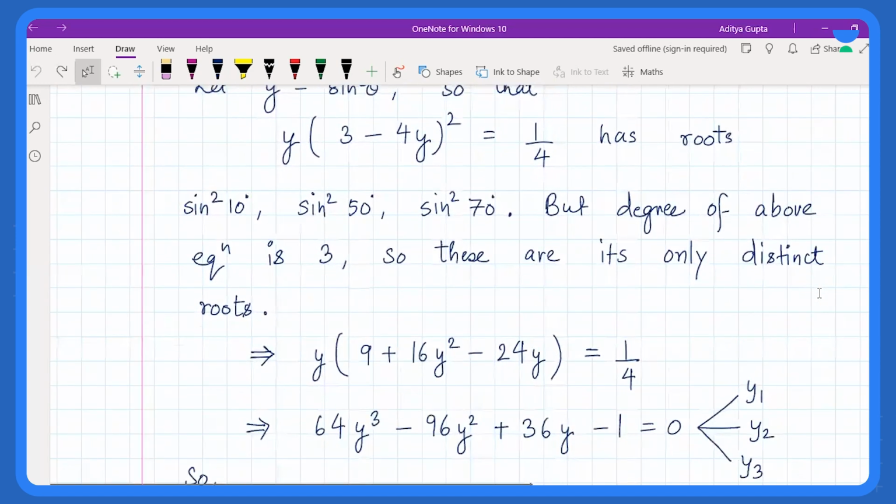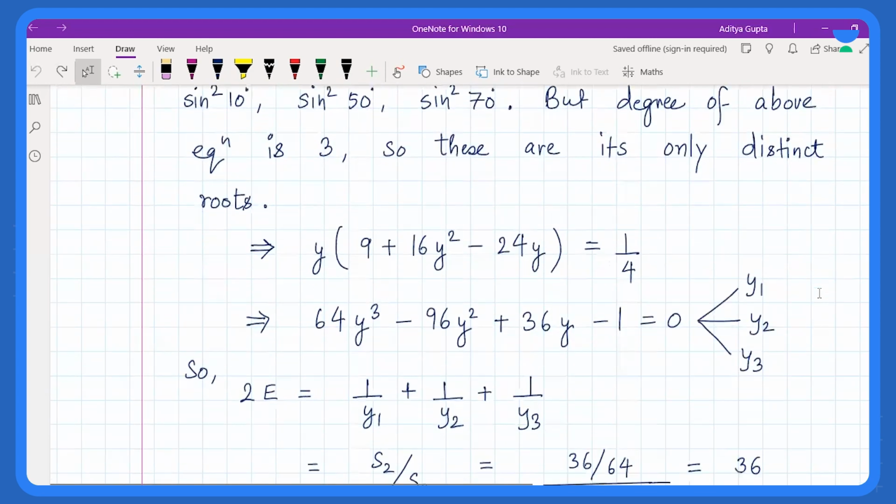Now what we have done is simplify this equation. We opened up the square term 3 minus 4y whole square, then cross multiplied and rearranged the terms to get the following polynomial equation, whose roots, as we already know, are sine square 10 degrees, sine square 50 degrees, sine square 70 degrees. We are also calling these same roots y1, y2, and y3.